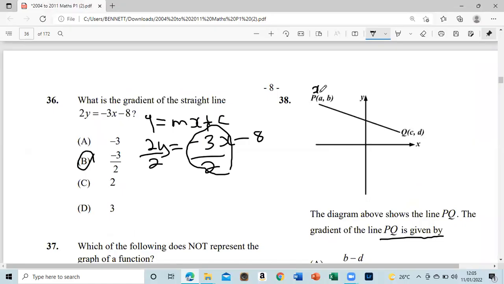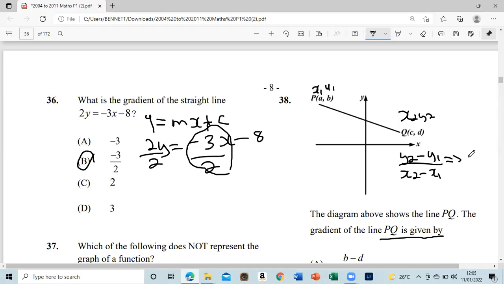We can name this x1, y1 and this x2, y2. Now it's the rise, or y2 minus y1 over x2 minus x1. That's the general formula.